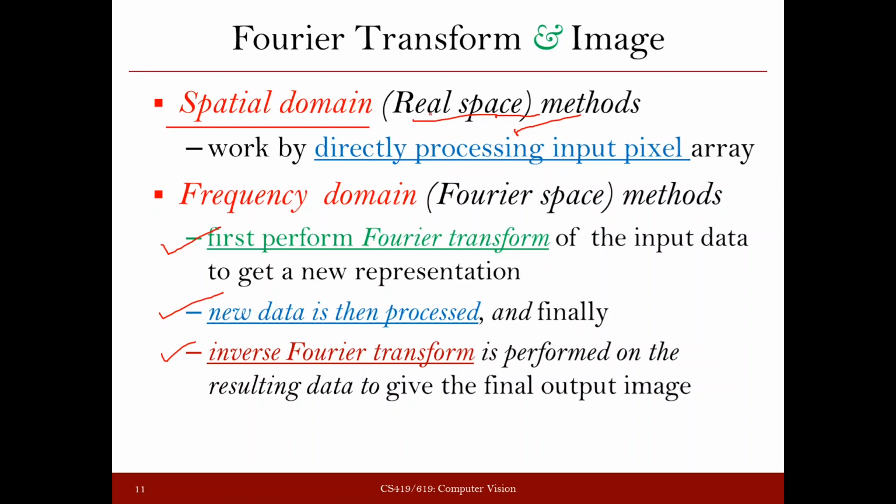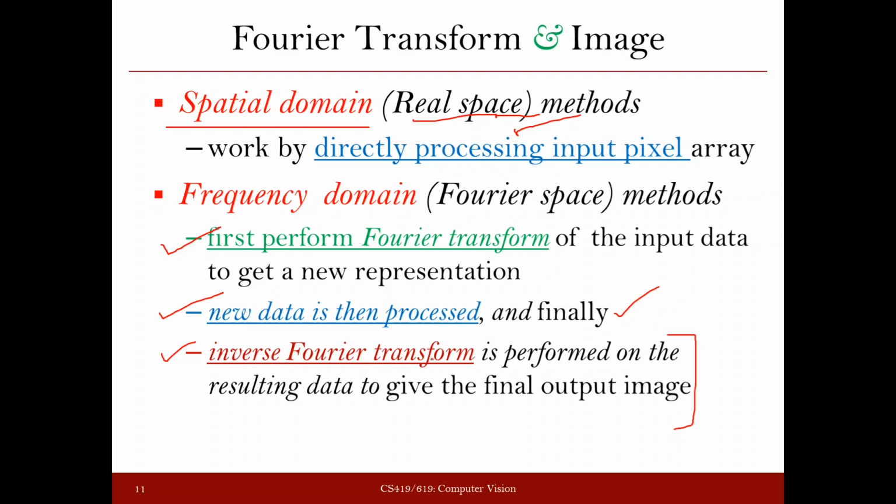So whenever we are working in the frequency domain, please remember, we will first do the Fourier transform to take the image into the frequency domain. We perform the operation, but after that we will do the inverse Fourier transform to take our image back from the frequency domain to the original domain, so that humans can see it and perceive it properly.